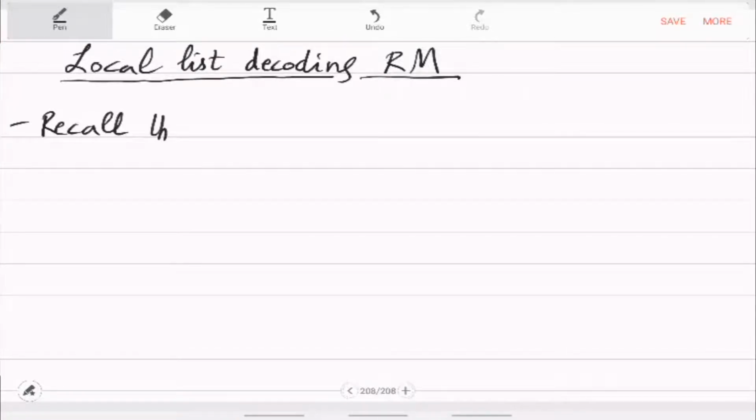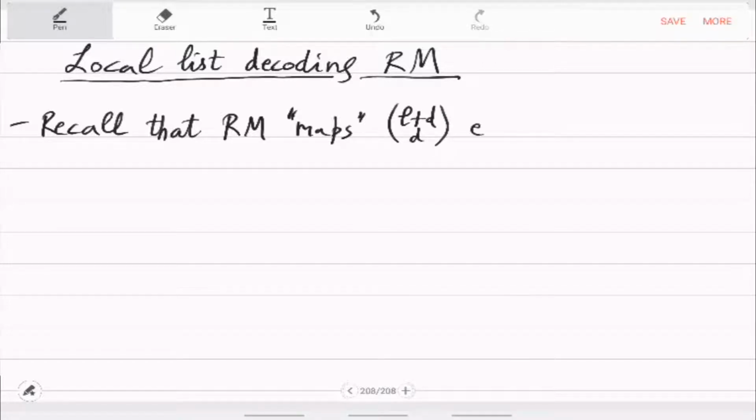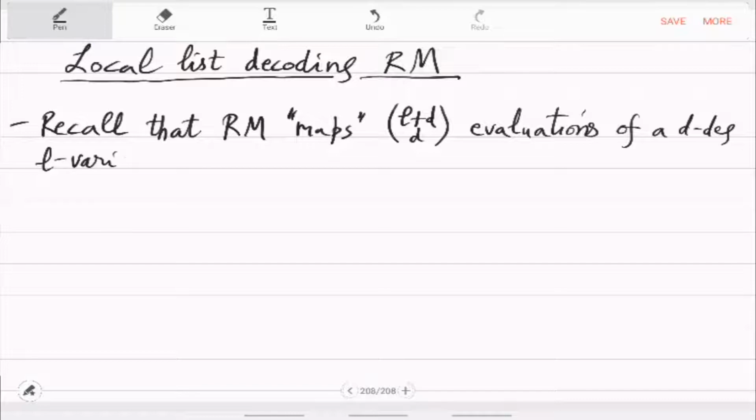So recall that Reed-Muller maps L plus D choose D evaluations of a D degree L-variate polynomial P to all evaluations.